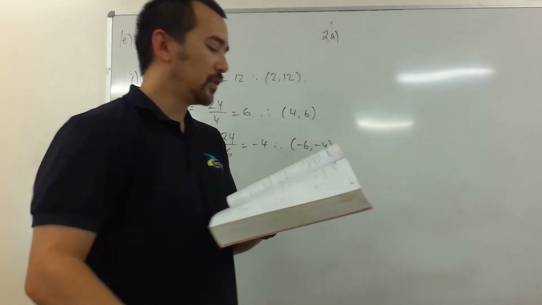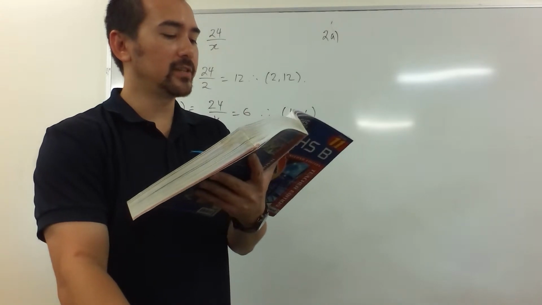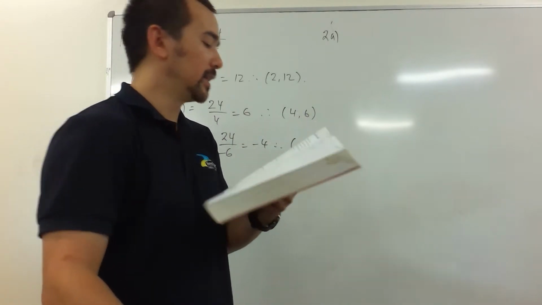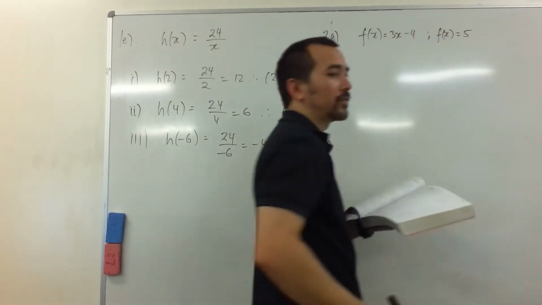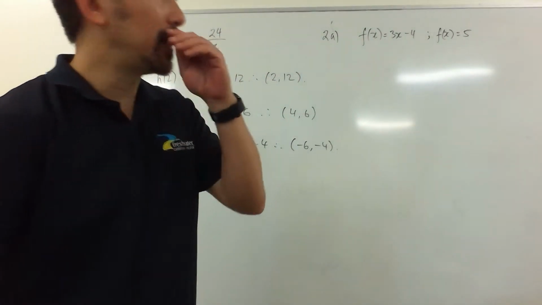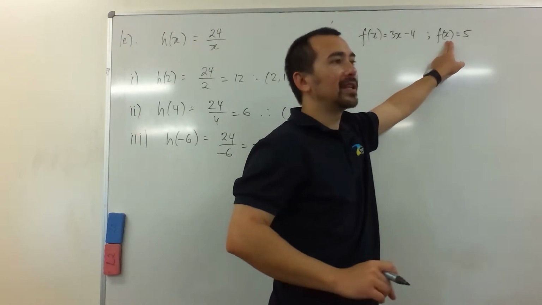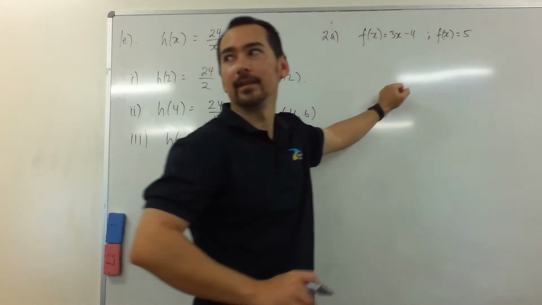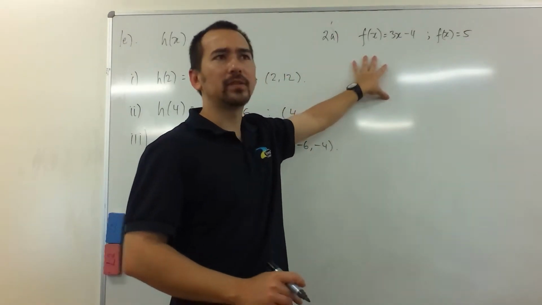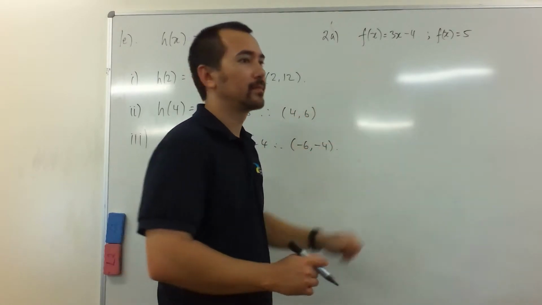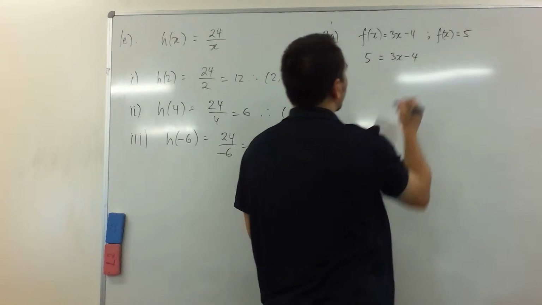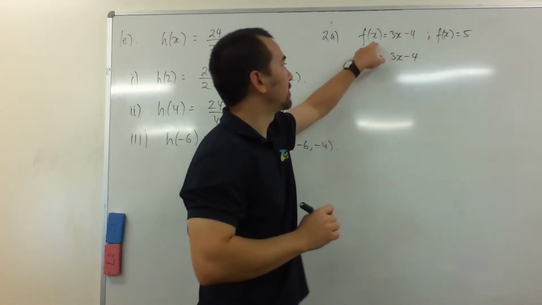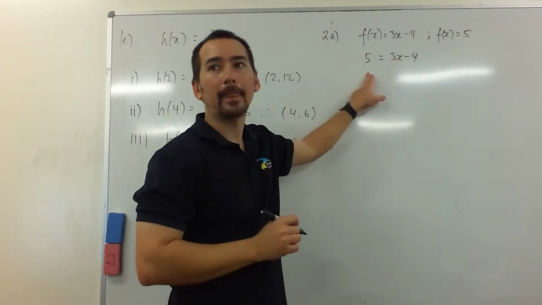It says, find the value or values of x for which each function has the value given. So in other words, the function is equal to 5, and we need to solve the values of x for which that will happen. Okay. So how do I solve this problem? Yeah, so this f of x is equal to 5.